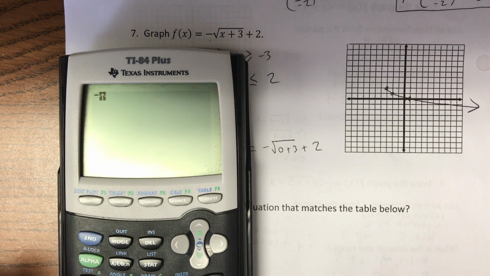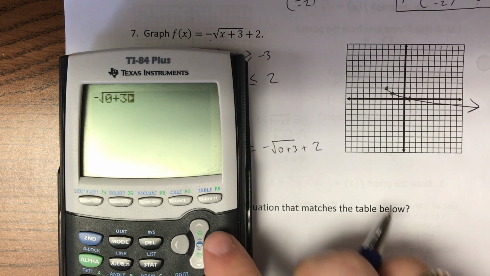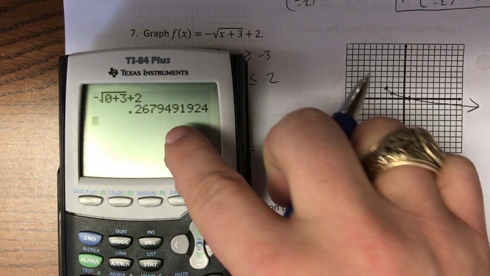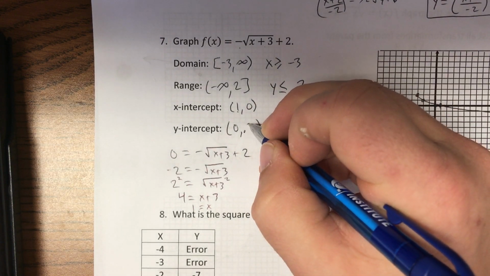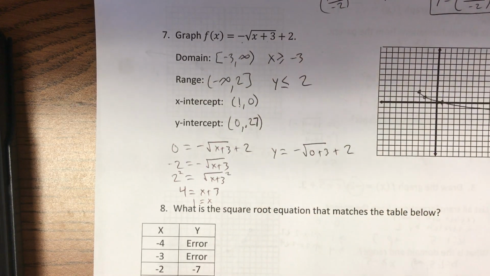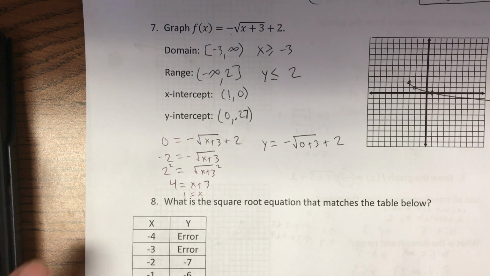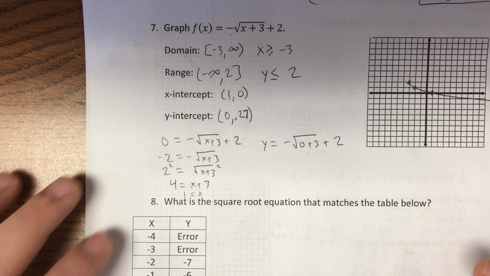So negative square root of 0 plus 3 plus 2 is that decimal right there, so 0.27 is plenty. All right. So there's my x and y-intercept. Again, you could check it in your calculator.